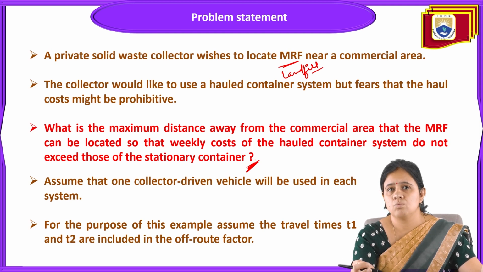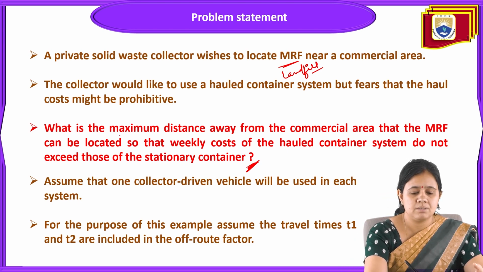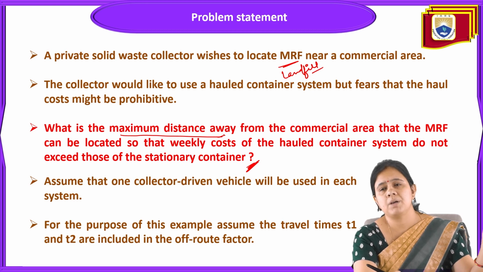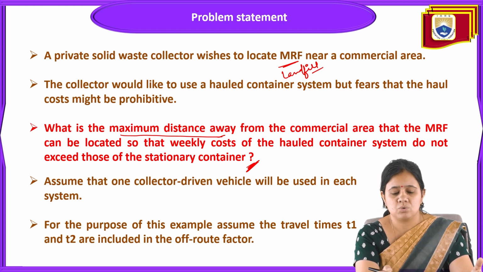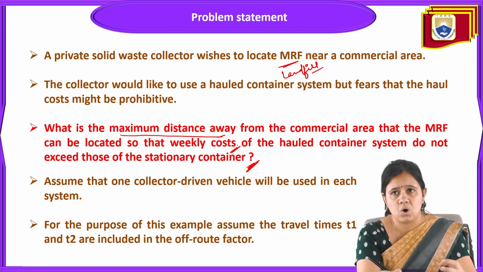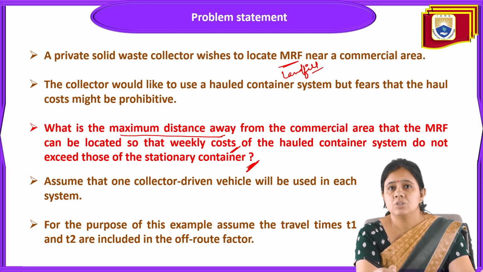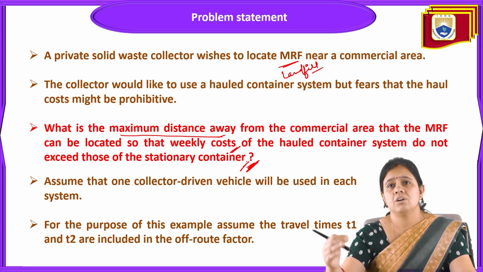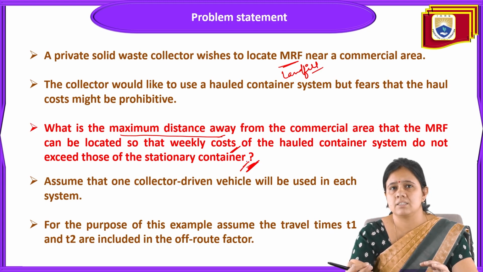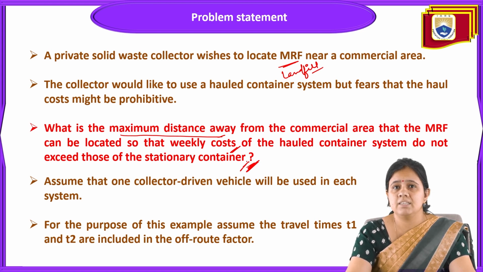That means how much maximum distance away from the commercial area the MRF can be located, so that the total weekly cost of the Haul Container System does not exceed that of the stationary container system.